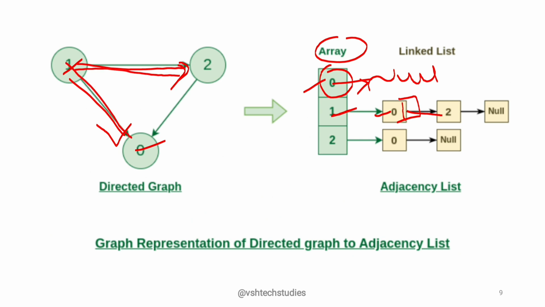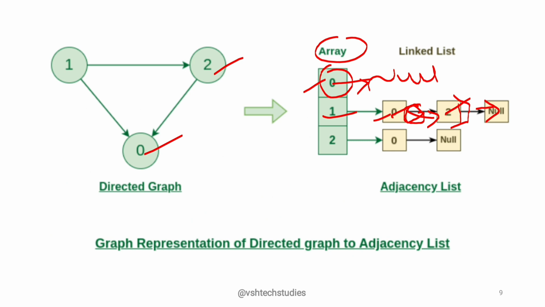So from 1 to 0 and 1 to 2, there are 2 elements connected with arrowed lines. Hence in this linked list there are 2 elements, 0 and 2, which are connected from 1 through arrowed lines.